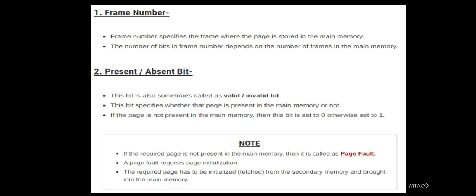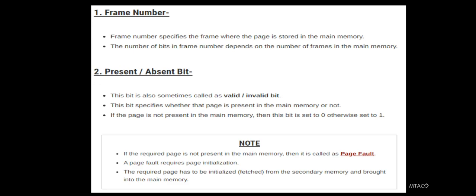Otherwise, if it is present, it is set to 1. Note that when the required page is not present in the main memory, it is called a page fault. A page fault requires page initialization. The required page has to be initialized from the secondary memory and brought into the main memory.